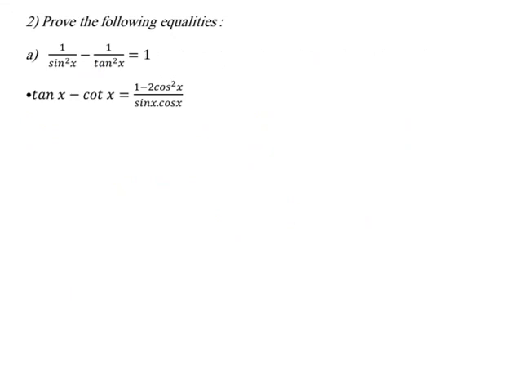Prove the following equalities. A: 1 over sine squared minus 1 over tangent squared equals 1. So 1 over sine squared x minus 1 over tangent squared, it is cotangent, so it is cosine squared x over sine squared x.